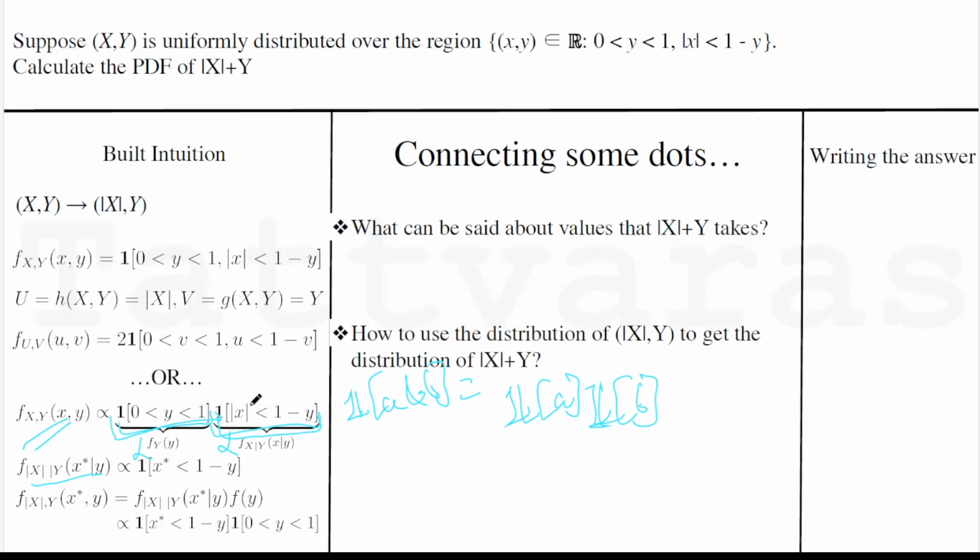And hence, the conditional distribution of mod x given y as well has to be uniform. Something like this. And how do we get the joint distribution? Multiply the conditional with the marginal. And it is going to be something like this, similar to the structure that we have. And this constant 2 could be computed by calculating the area as we did before. So this could have been an alternative way to go about the computation of this joint PDF.